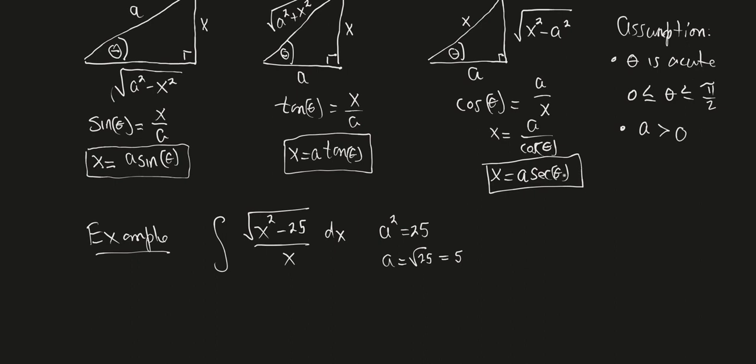So the equation that I need to convert this into a corresponding trigonometric integral is x equals 5 secant theta. As with every substitution, we are going to convert the integrand, and we also have to convert the differential. So I need to figure out what dx is, and what this integrand is in terms of theta.